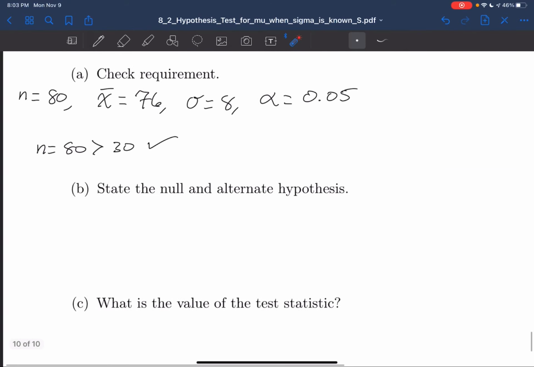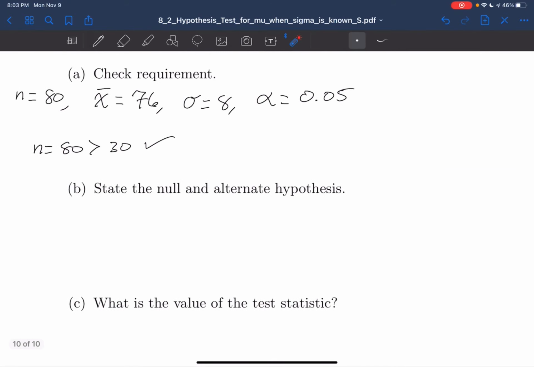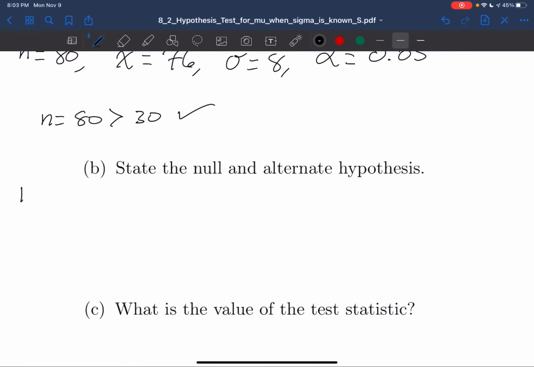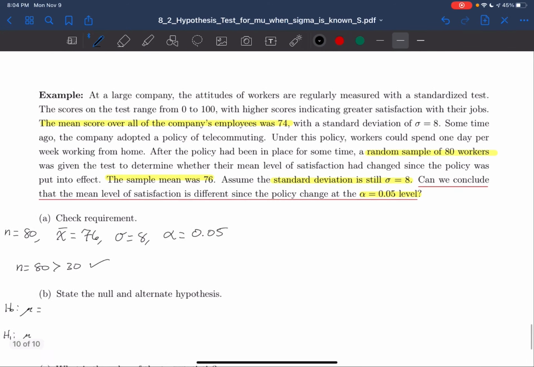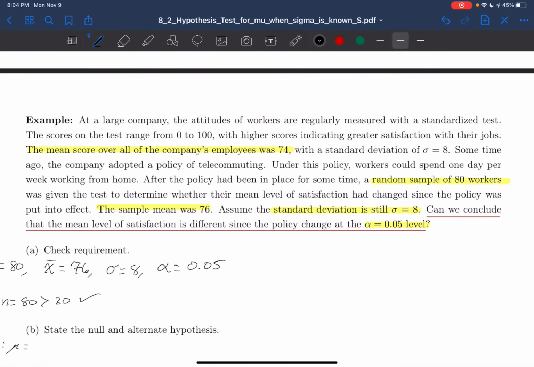Next, we want to state the null and alternative hypothesis. So here, our null hypothesis, H0, is going to be mu equal to some number. And our alternative hypothesis is going to be mu less than, greater than, or not equal to some number. So notice in the problem, we have to read the problem really carefully.